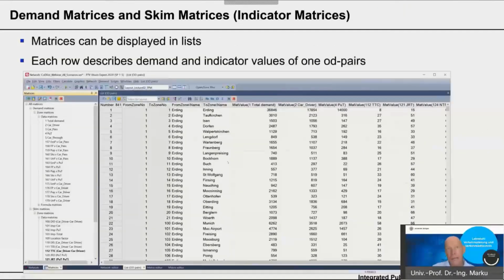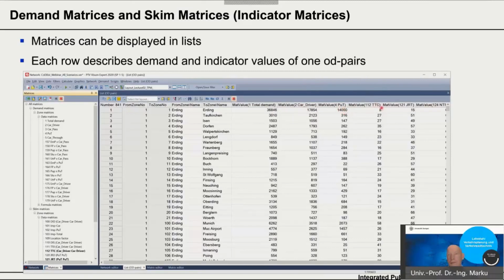And we can store that data in various ways. You have just seen it in matrix form. We often display it in lists, so where you have an origin and a destination, and each row depends then the values, either the demand or the indicator values of one origin destination pair. Here, total demand, driver, public transport.